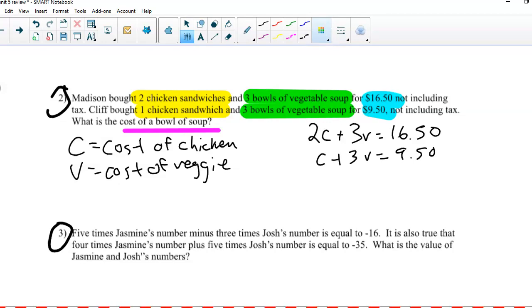So we need those methods in our mind. We need to do what first with substitution? Solve a variable to get it by itself. Let's do this one since that variable is by itself. So C would equal 9.50 minus 3b.